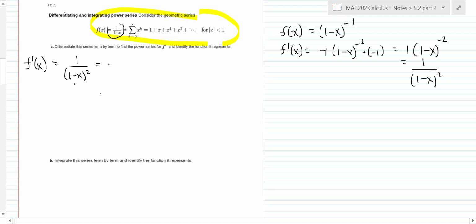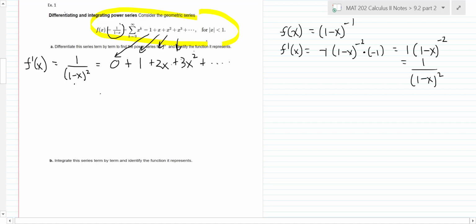Okay, so here's what we're going to do. What you're going to do now is you're going to differentiate the terms of this series. So what do we have? What's the derivative of 1? 0. What's the derivative of x? 1. Derivative of x squared, 2x. Then the next one's going to be 3x squared.